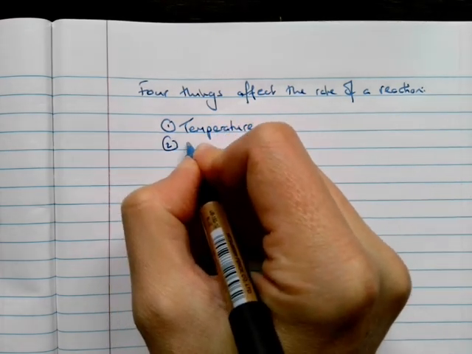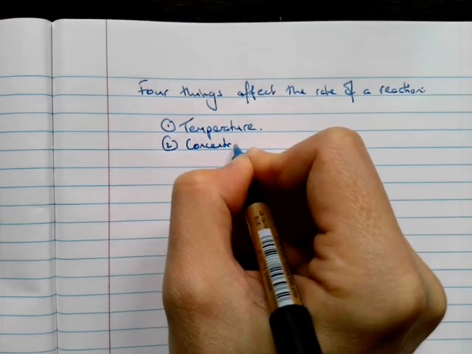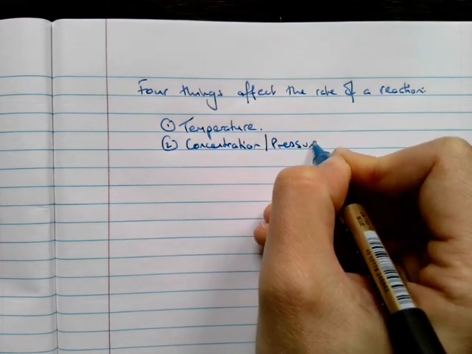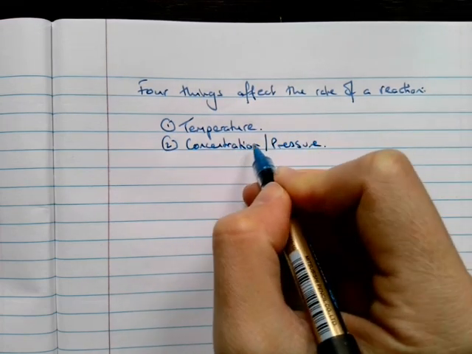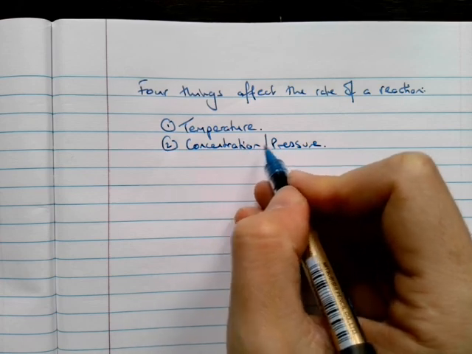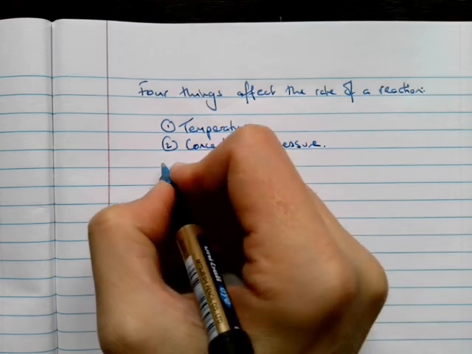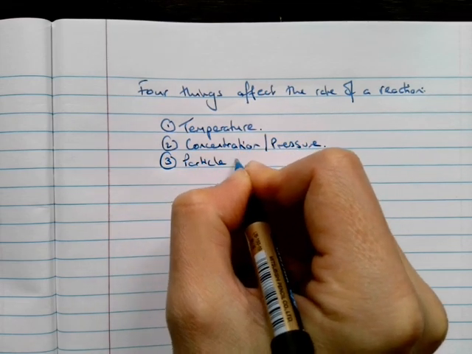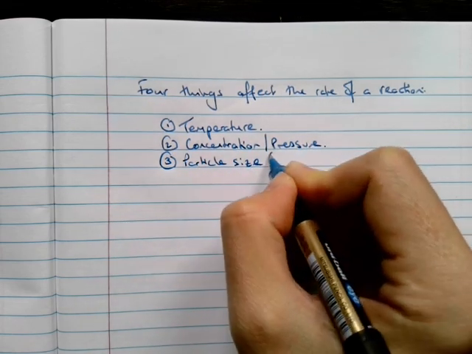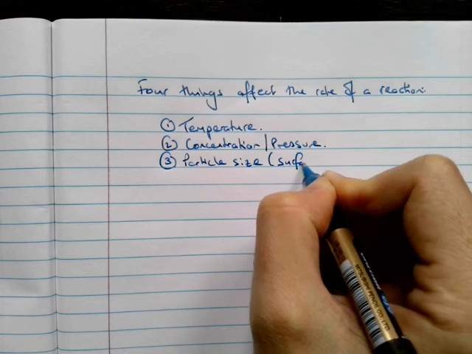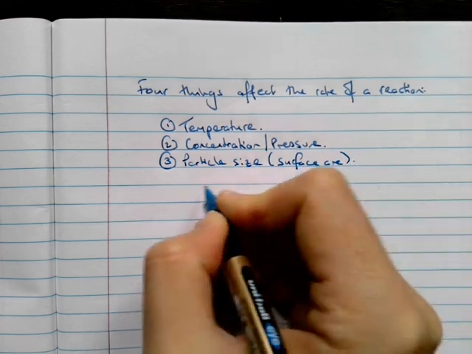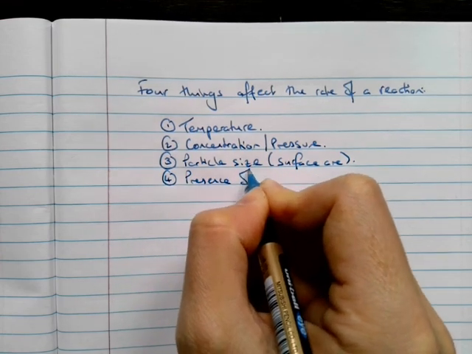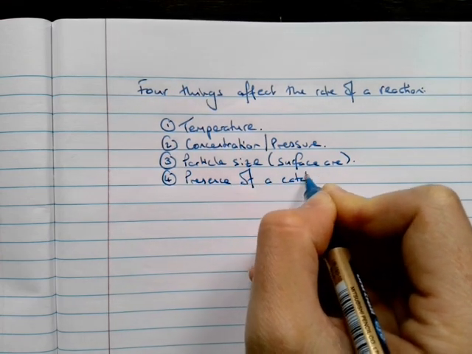Number 2, the concentration, or pressure. When we come to those, I'll tell you how concentration and pressure are really very similar things. Number 3 is particle size, and particle size we can also think of in terms of surface area. And number 4 is the presence of a catalyst.